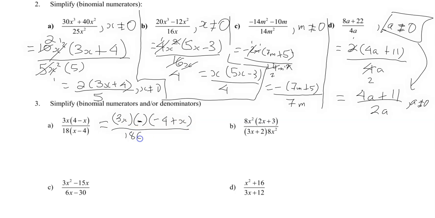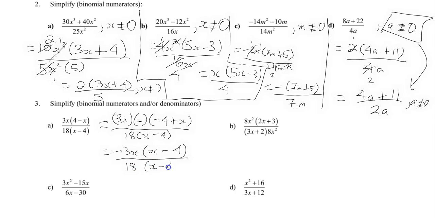At this point you're saying, great, that just looks worse, you've got a negative sign sitting there. So let's put these two together and get negative 3x. And let's write this in a different order. Instead of negative 4 plus x, let's write that as x minus 4.